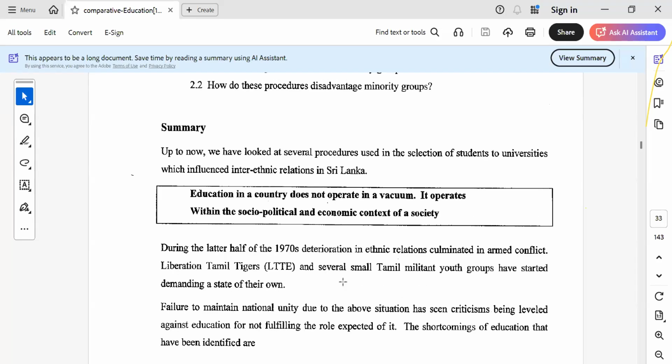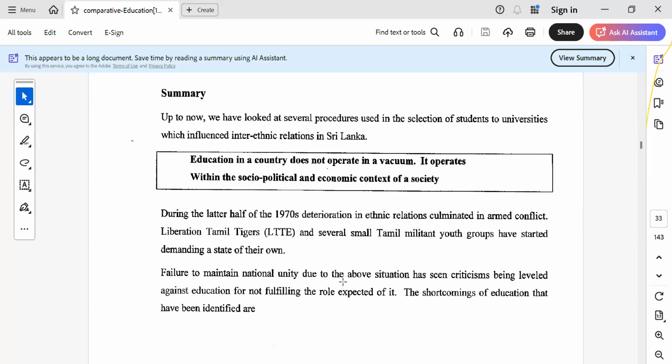Right. So as a summary, up to now, we have looked at several procedures used in the selection of students to university which influence inter-ethnic relations in Sri Lanka. During the later half of the 1970s, deterioration in ethnic relations culminated in armed conflict.